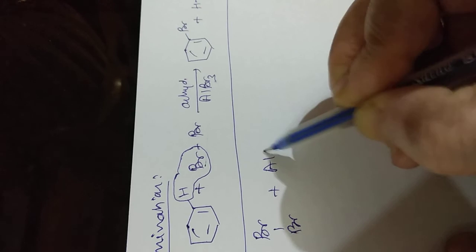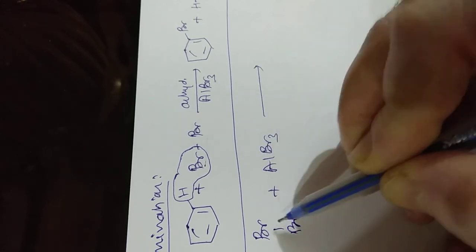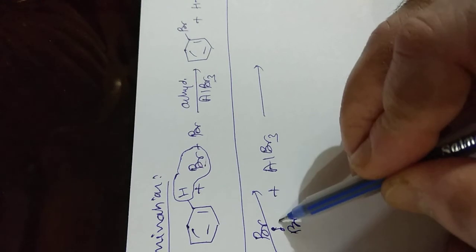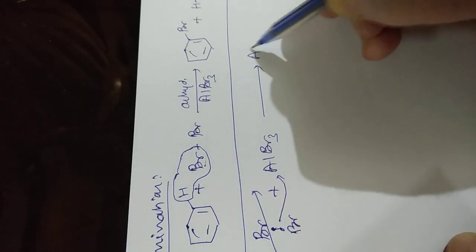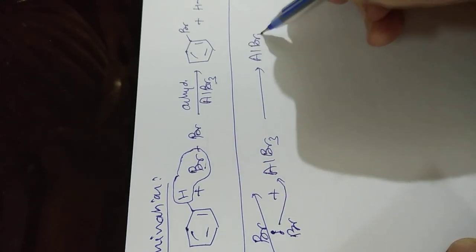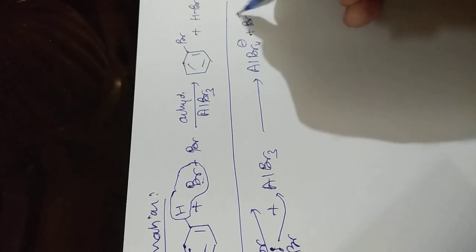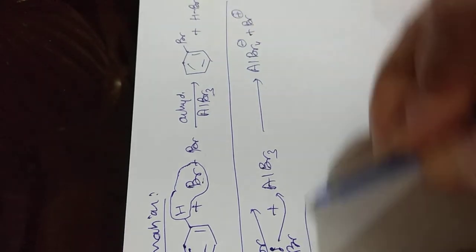Br2 will react with AlBr3 here and heterolytic fission will take place. As a result, AlBr4- will form and electrophile Br plus will generate.